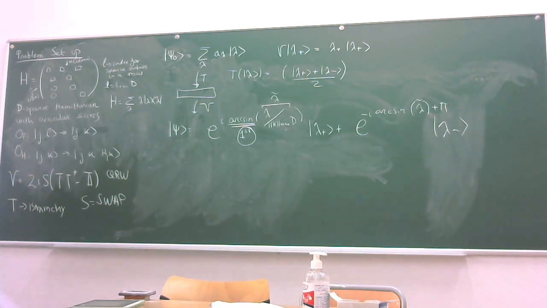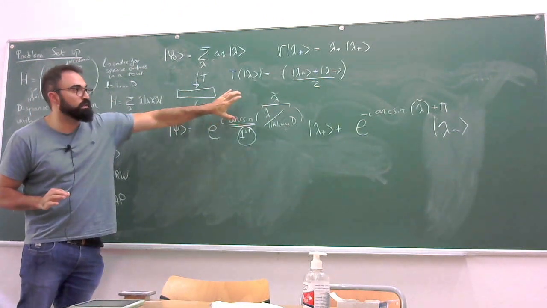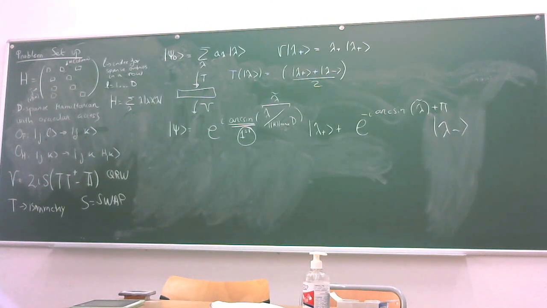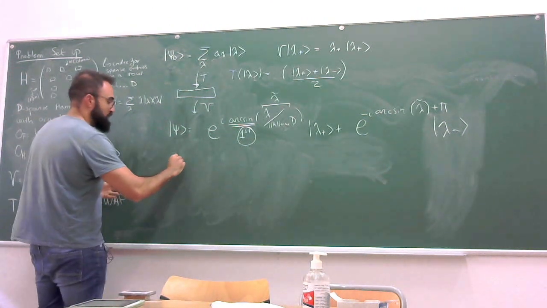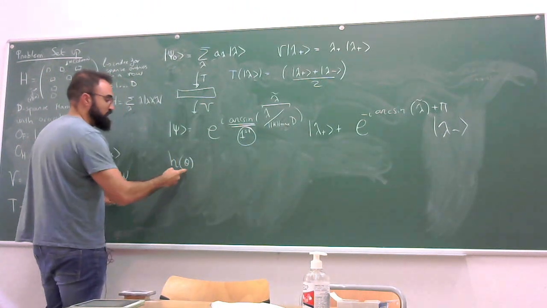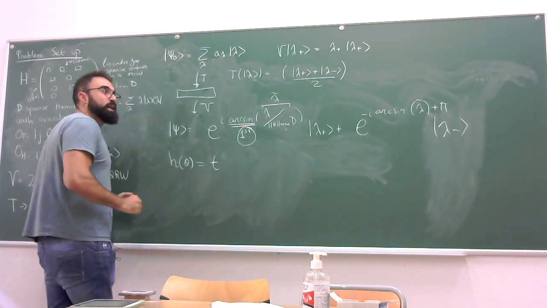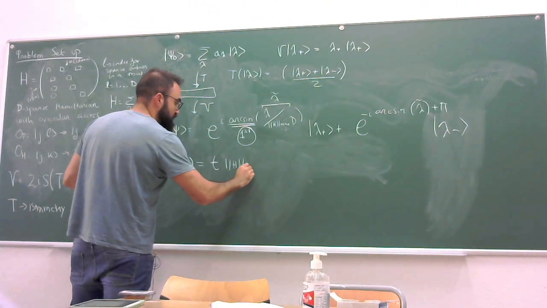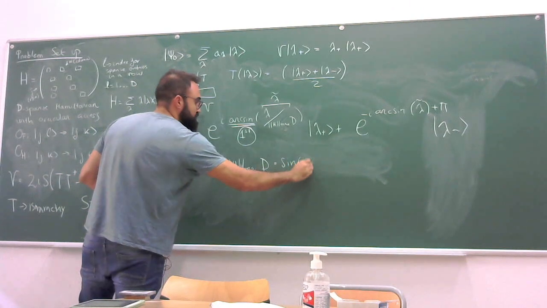We're going to apply a transformation on the phases of the two eigenstates. Let's say we have a transformation h of theta, with theta the phases, and we want this to be the evolution time times the norm of the Hamiltonian times the sine of theta.